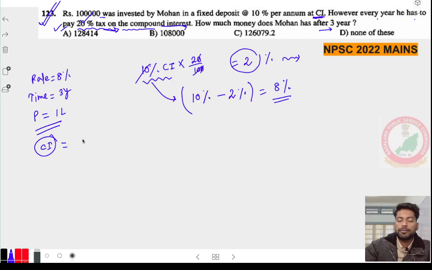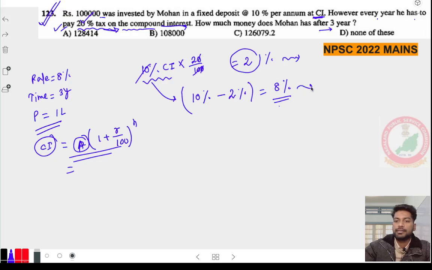There is a formula of compound interest, A equals P into 1 plus R by 100 to the power N. So if you put the things in, it's A or P, I forgot. P, because I never solve in the formula way. I can solve in this way. देखो, 8% means I can write 8 by 100. देखो, this is your P and this is your I. I can divide but let it be.